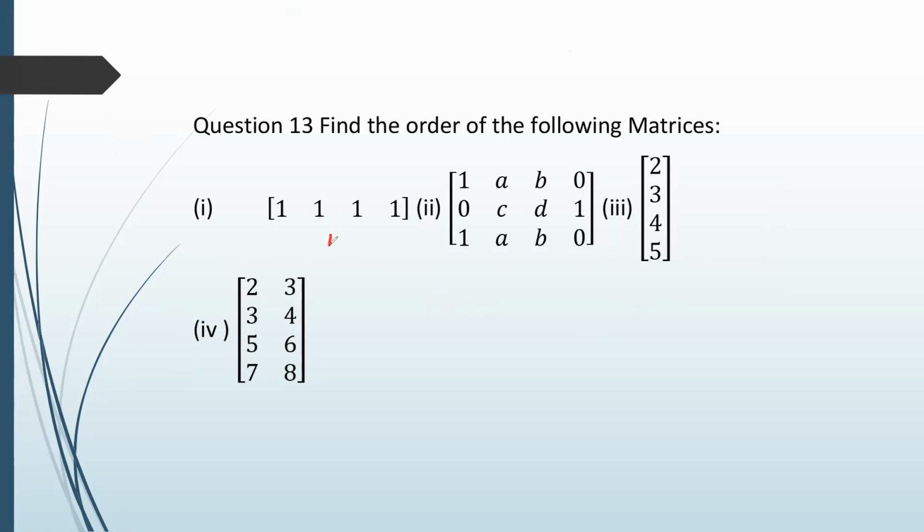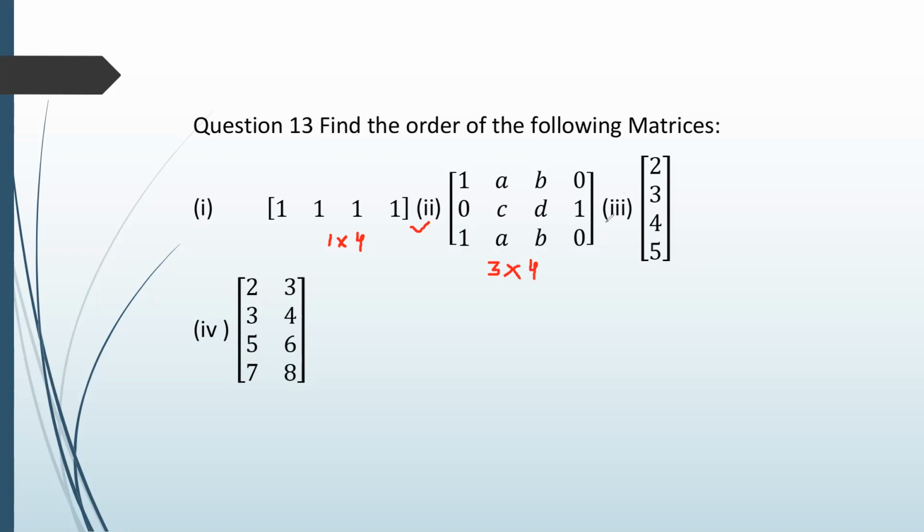So the order of this matrix will be 1 by 4. Now we go for the second part. Here we see that there are 3 rows, 1, 2, 3, and 4 columns, 1, 2, 3, 4. So the order of this matrix will be 3 by 4.